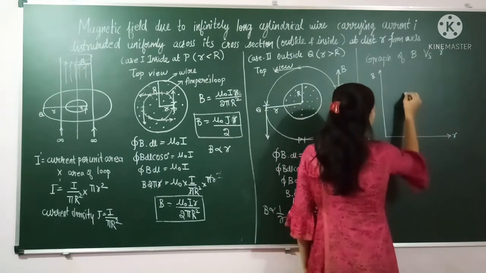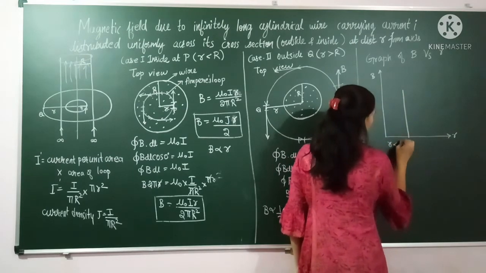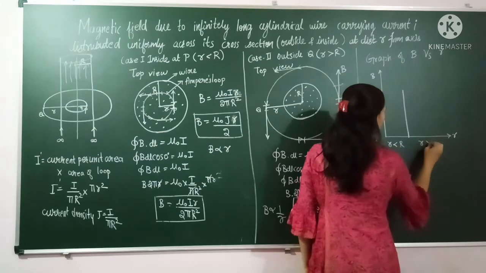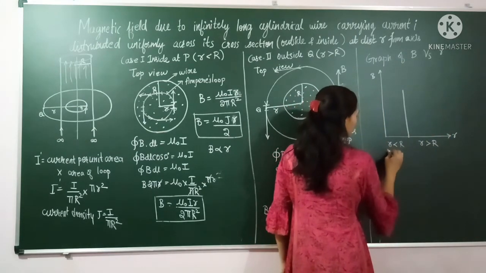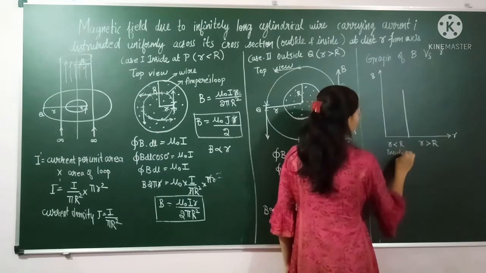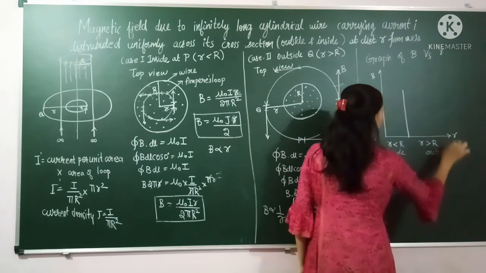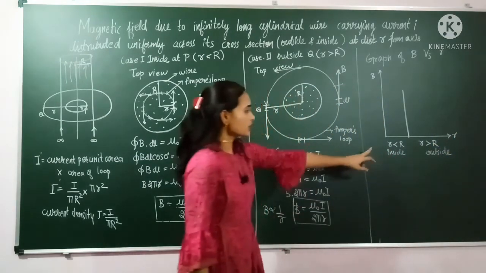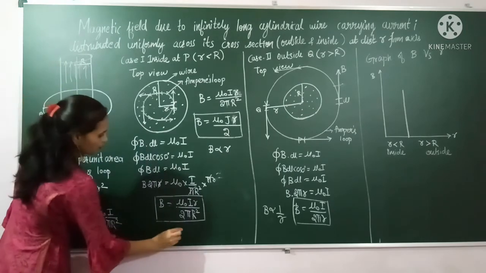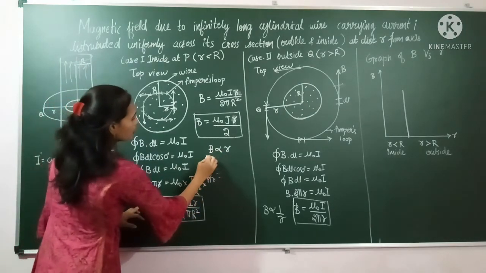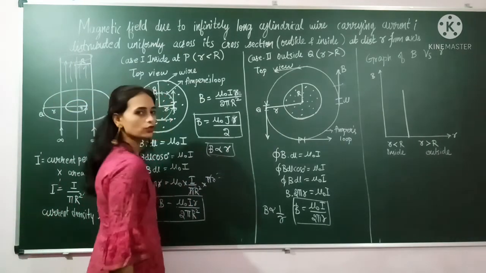So in this case, this is our cylinder, where r value is less than the radius here, and here r value is greater than the radius of the cylinder. This is the inside part and this is our outside part. So first see here the inside case: what we have observed is that B value is directly proportional to r. In the second case B is inversely proportional to r.